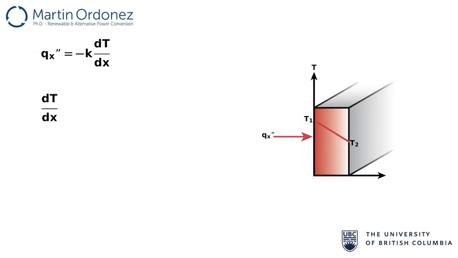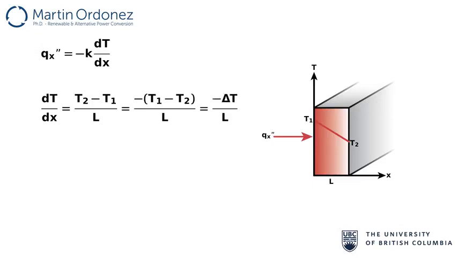That is, the temperature gradient can be expressed as (T2 minus T1) over the length L, which can be represented as negative delta T over L. That is, we can consider dT/dx as the temperature difference delta T between two different points divided by the distance between these points.